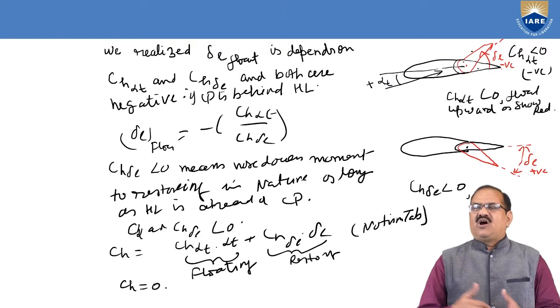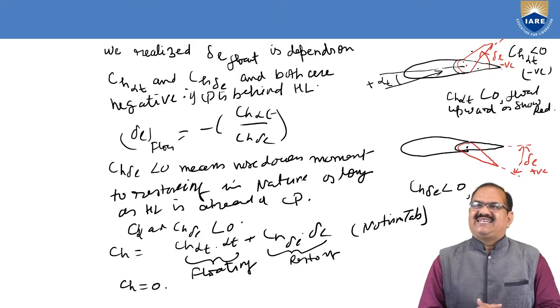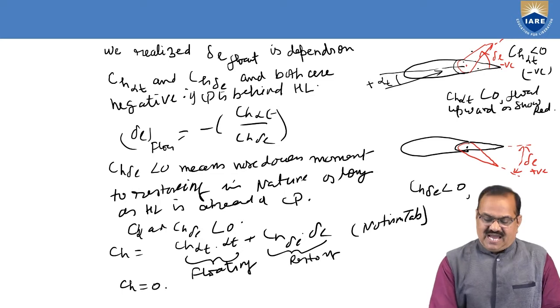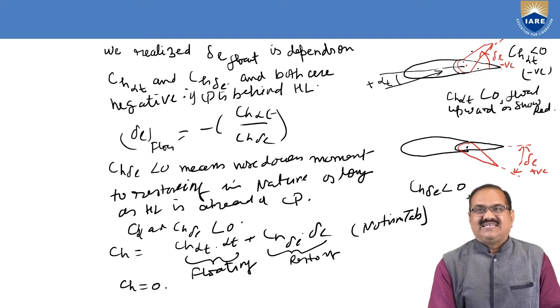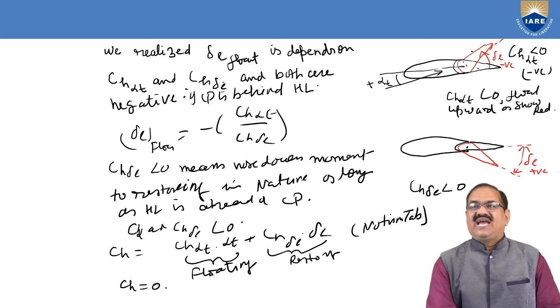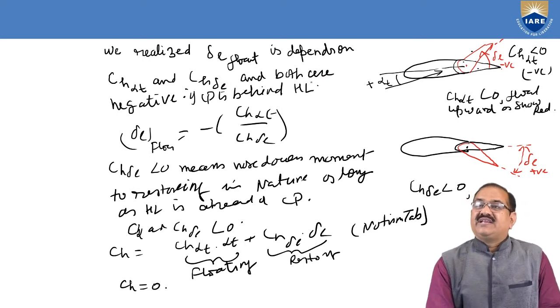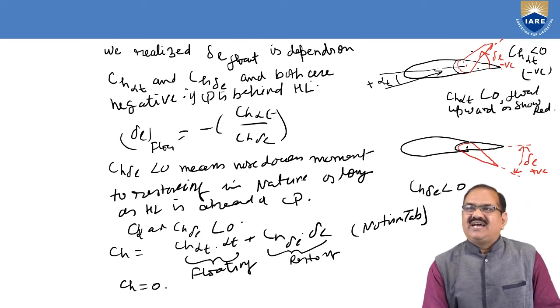Okay. So now further, we realize that delta E float depends on CH alpha T and CH delta E. So what is alpha T? You know, it is the angle of attack of the horizontal tail, and delta E is the deflection of the elevator, and both are negative. So CH delta T and CH delta E both are negative.